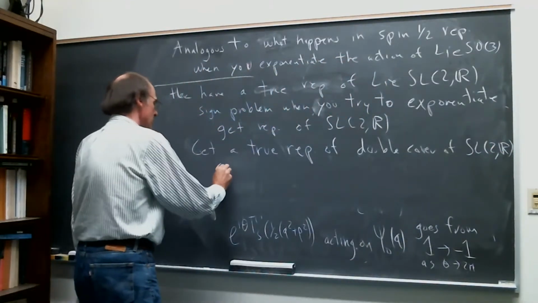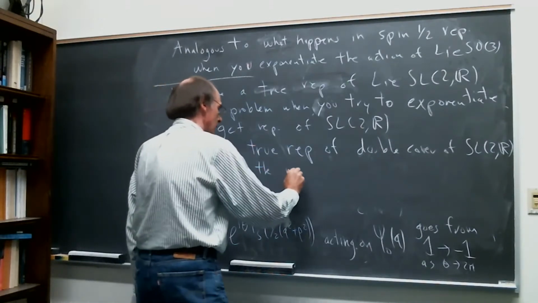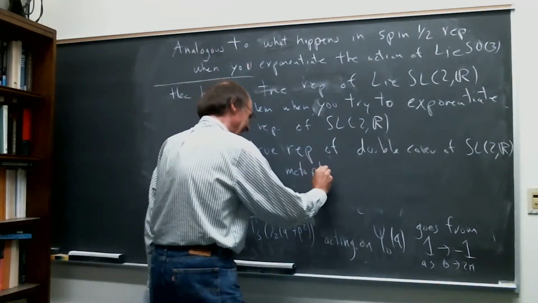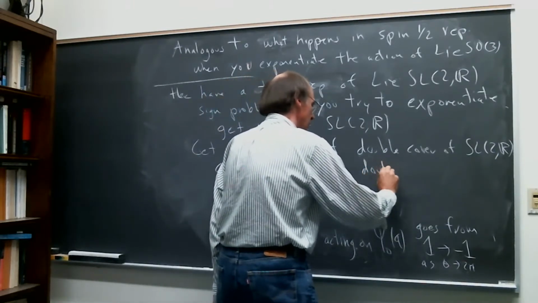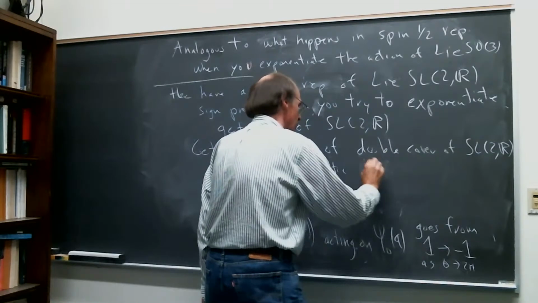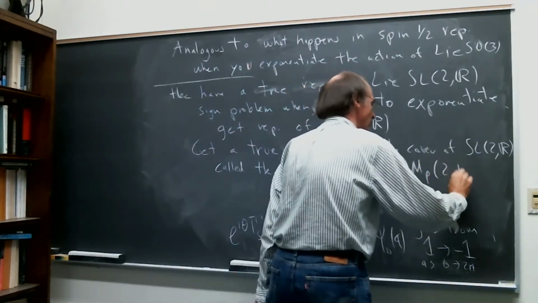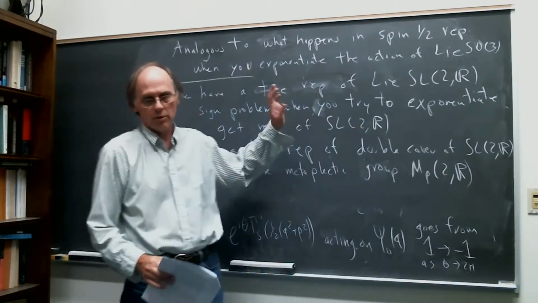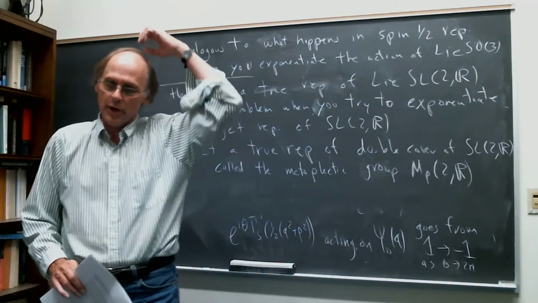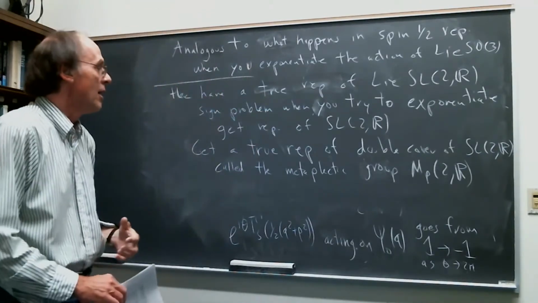And this is sometimes called the metaplectic double cover, the metaplectic group. Sometimes we write it MP of 2R. Okay. So if you treat this problem the same way that you treated the problem of the spin representation, here.